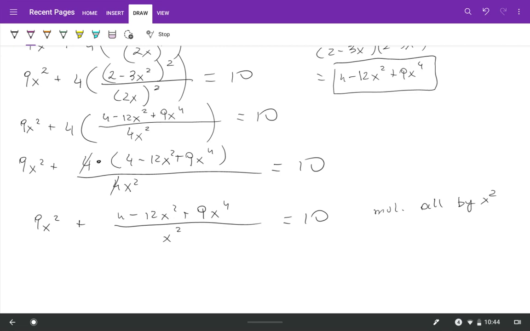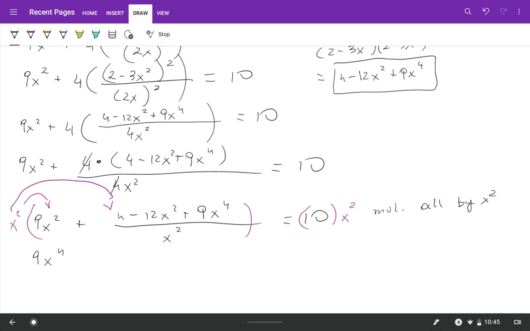So we multiply the left side of this equation by x squared and the right side by x squared. We're going to distribute that x squared to each term. So 9x squared times x squared will give you 9x to the power of 4.